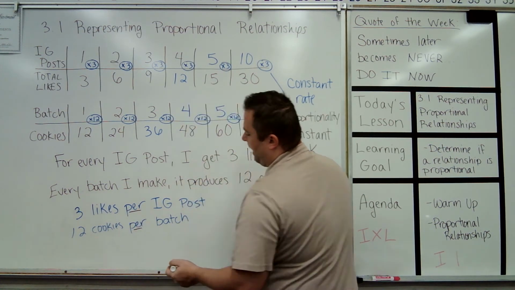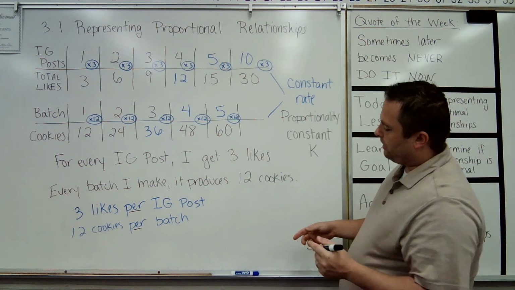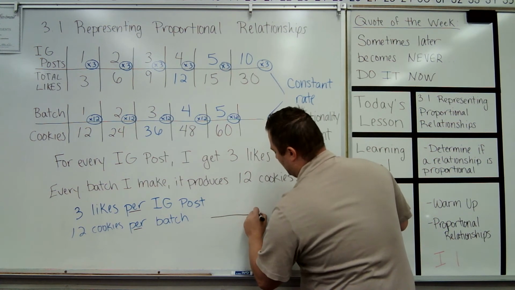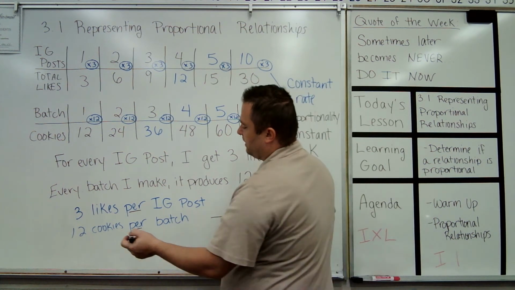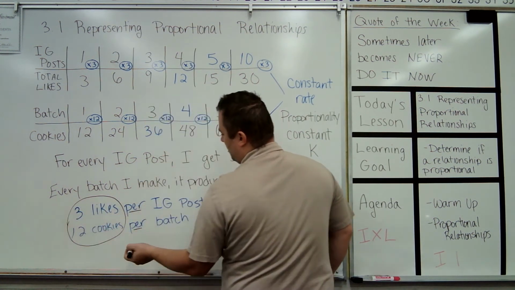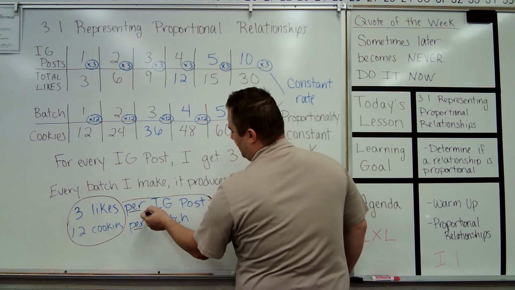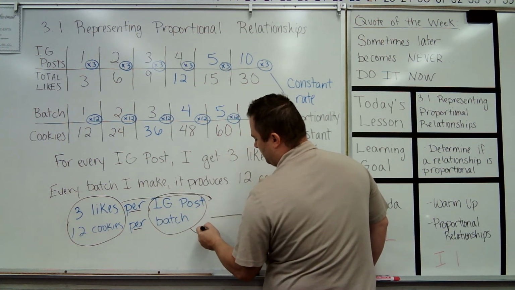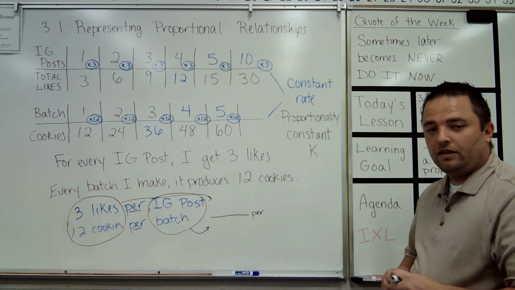In math, that is setting up the ratio that we're looking for. And in math, it looks like a division problem, with the division being the word per. The division will be the line. All of the stuff on this side of the per goes on the top, right there. All of the stuff on the bottom side of the per goes on the bottom. And this setup will help us understand what the proportionality constant is.